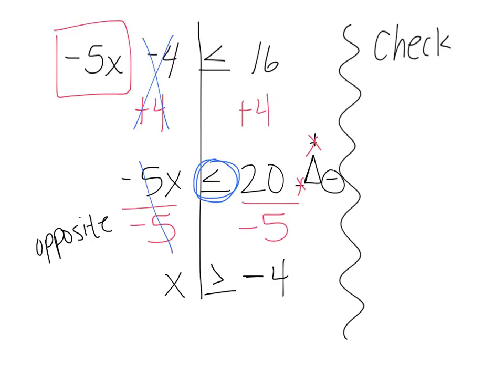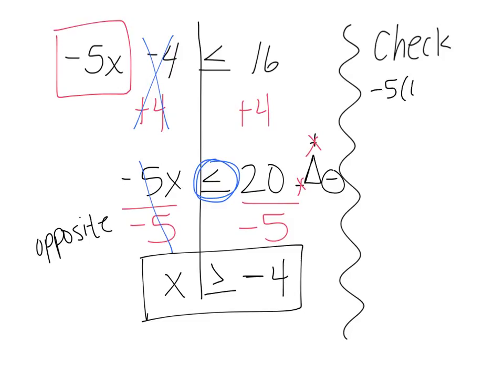So here's why checking is so important. I'm going to show you with the correct answer, and I'm also going to show you with the incorrect answer. So we need to pick a number that is greater than or equal to negative 4, but let's do greater than. Let's say 0, because 0 is greater than negative 4. So everywhere I see an x, I'm going to plug in a 0.